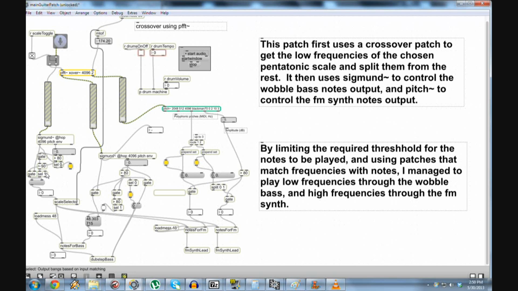Then if it is, the name of the note is sent here, and a bang is sent through here. This would send a 1. The selector would take the 1, send the bang, and then it would go through. That's for the scale selector right now.